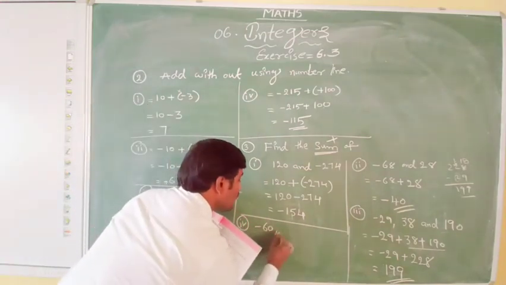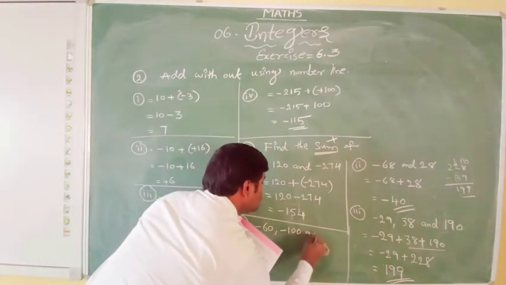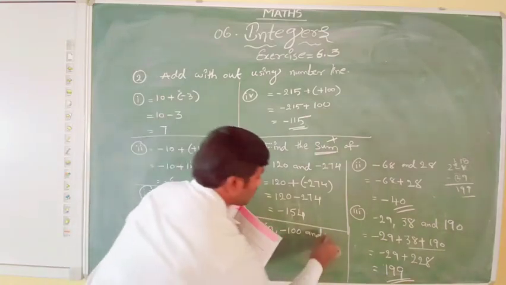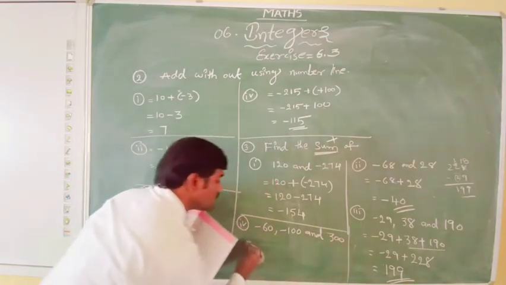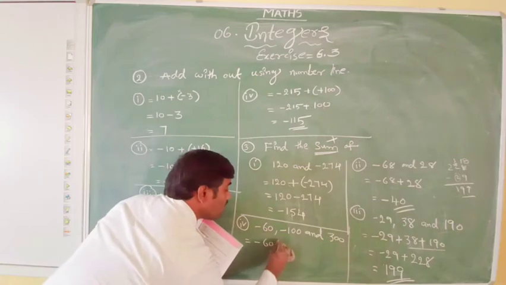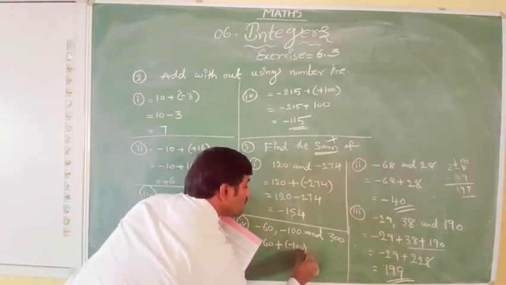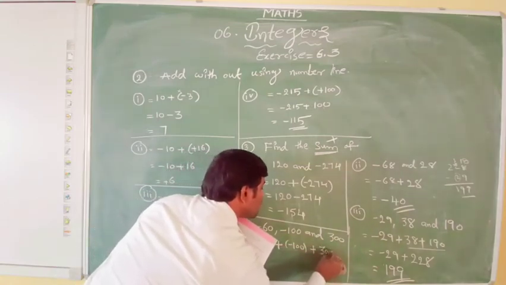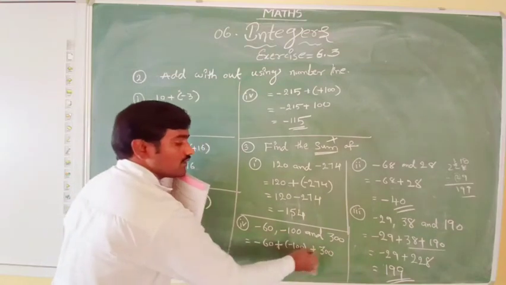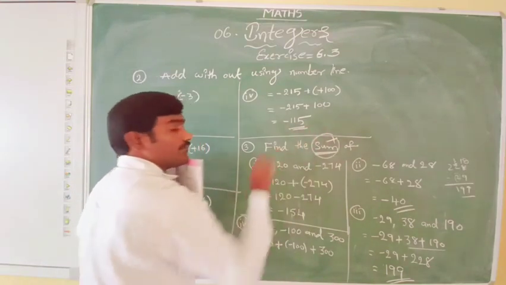Minus 60, minus 100 and 300. All the numbers from the third bit. Minus 60 plus minus 100 plus 300. I am doing plus minus 100 plus 300 because I have to do the sum.